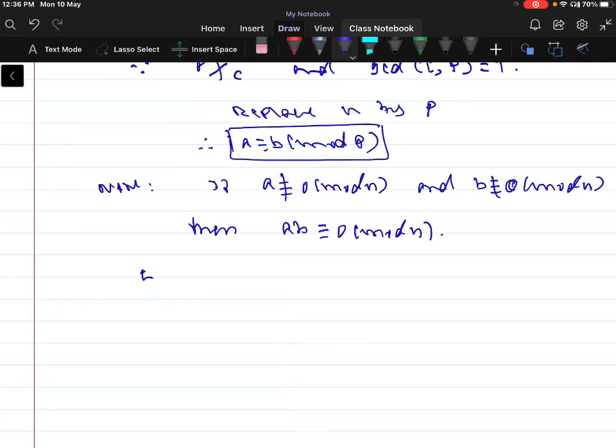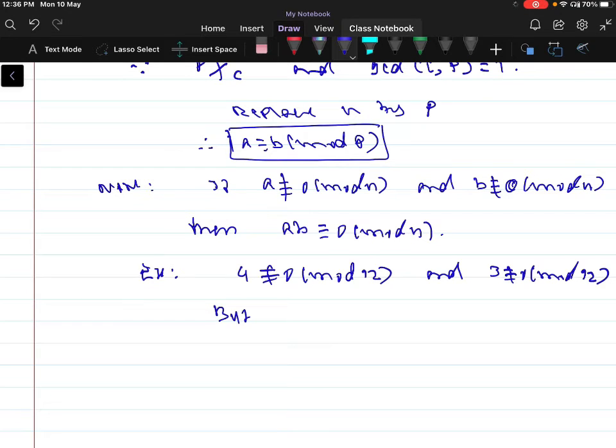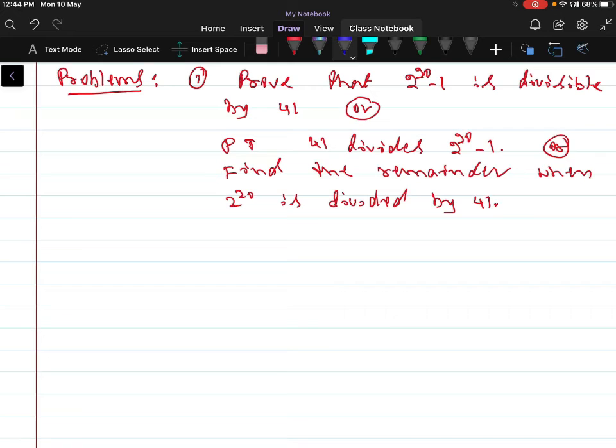So for example, 4 is not congruent to 0 modulo 12, and 3 is not congruent to 0 modulo 12, but 4 into 3, 12, is congruent to 0 modulo 12. So using the theory of congruences, let us solve the problems.